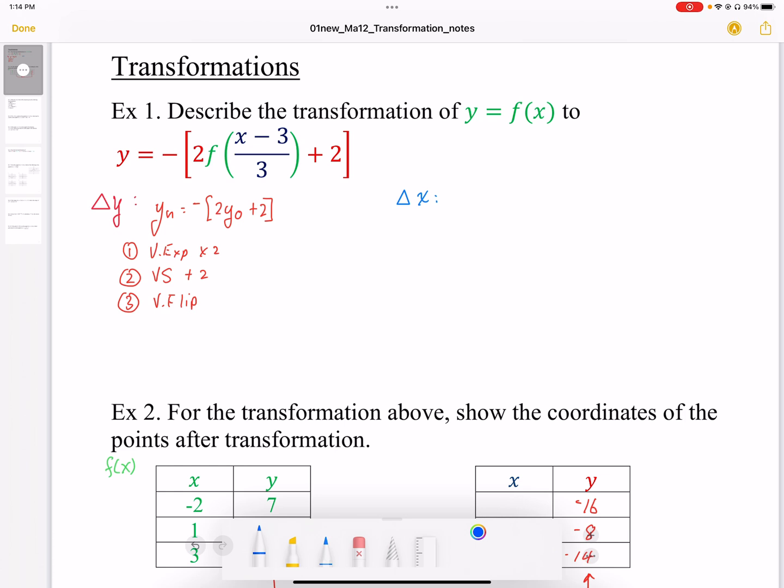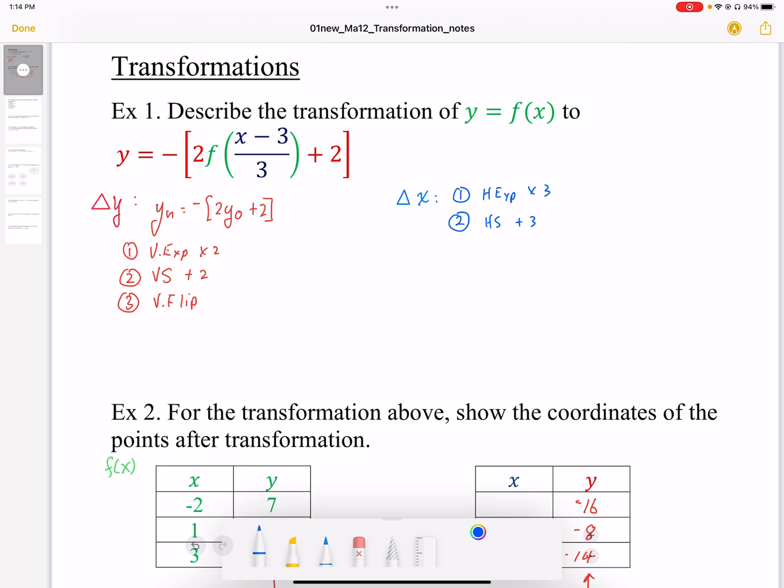Although it's in the denominator, it's still part of both terms, x and negative 3, so it's in factored form. So because it's factored form, I know it's going to be a horizontal expansion by 3, and then it's going to be shift last. So horizontal shift plus 3. So that's one way we can do it.